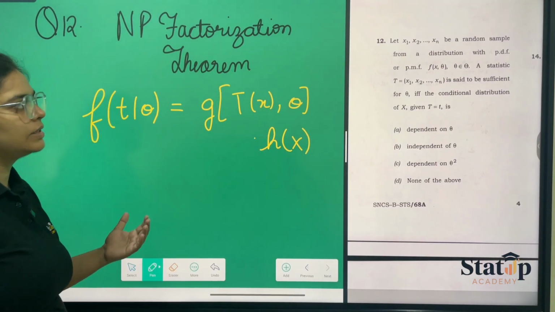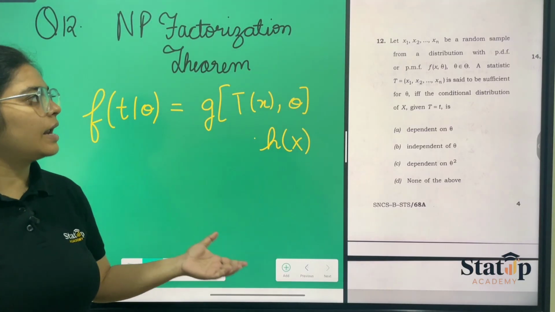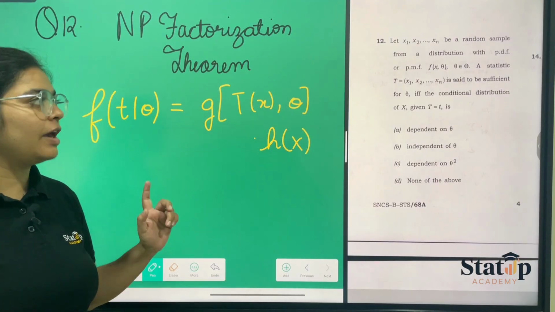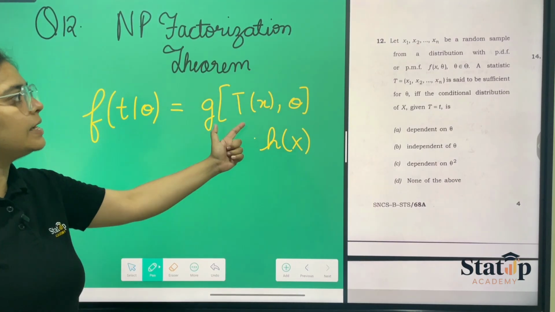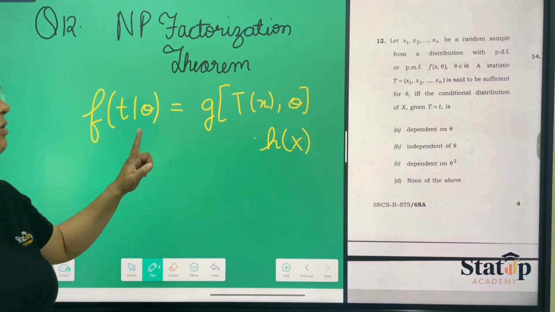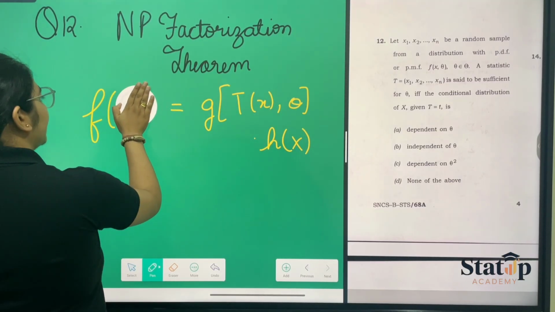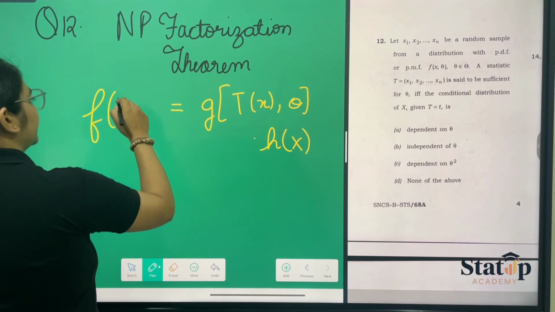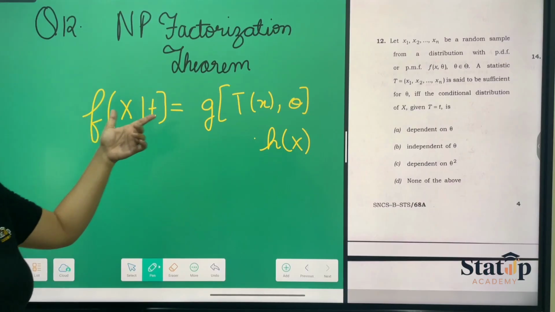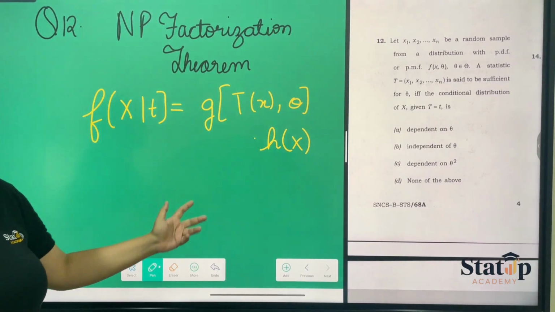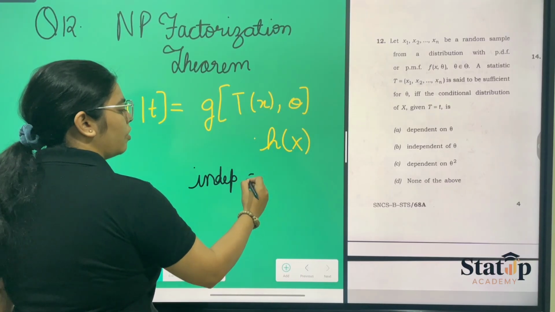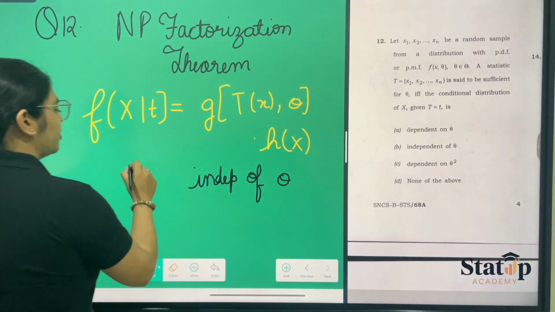So the statement states that when we have Xi as a random variable from a distribution with PDF or PMF f(x, theta), a statistic T is said to be sufficient for theta if the conditional distribution of X given T. So here they have taken X given T. So we will be considering this X given T. When the PDF of X given T is always independent of theta, which is our option number B.